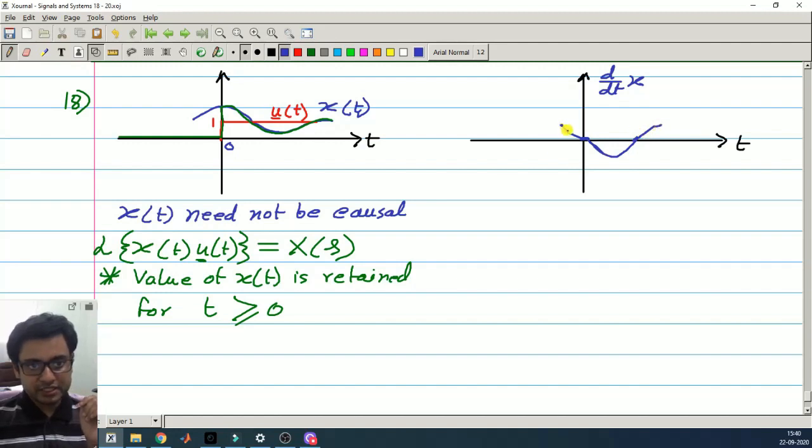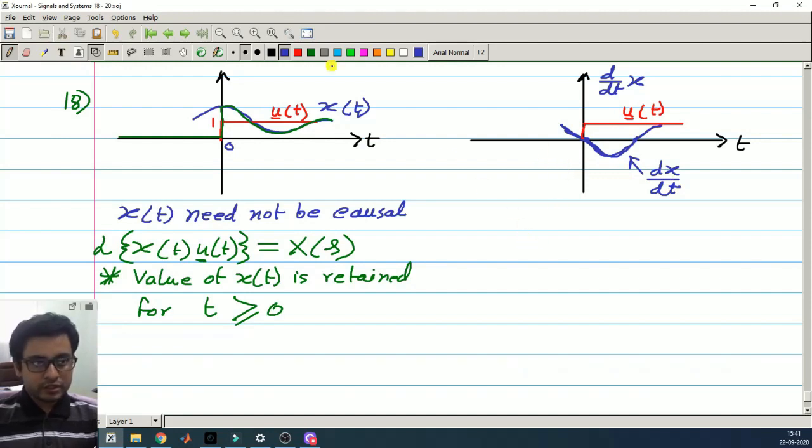So maybe this is the derivative of signal x. Now again let us multiply this derivative with u(t), or u minus (t), to be precise, and this is dx/dt.